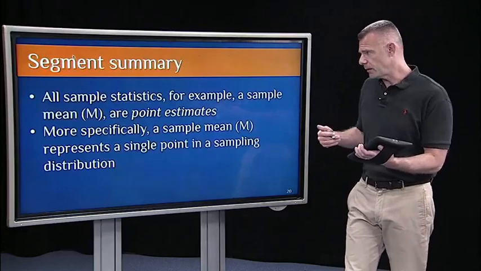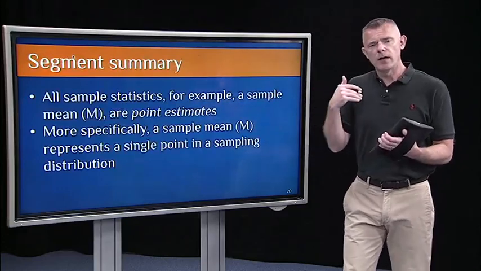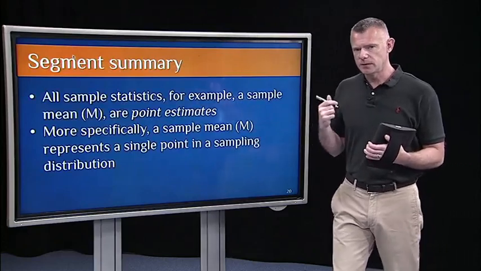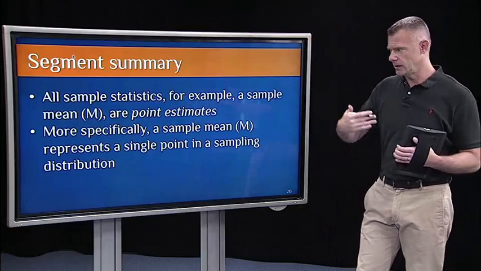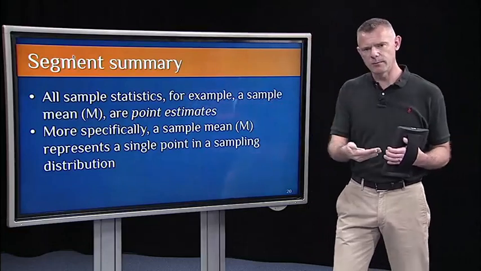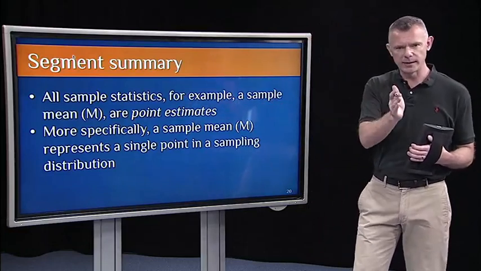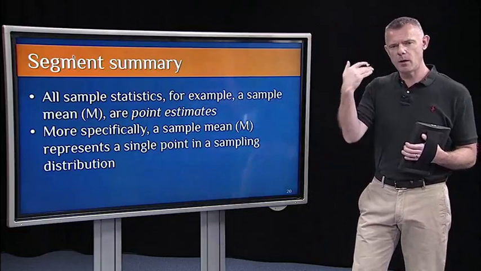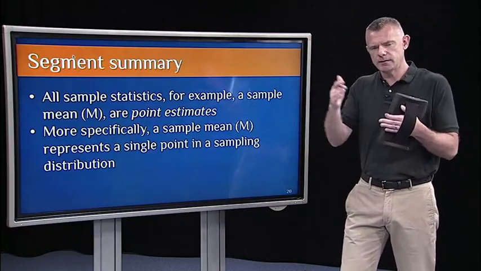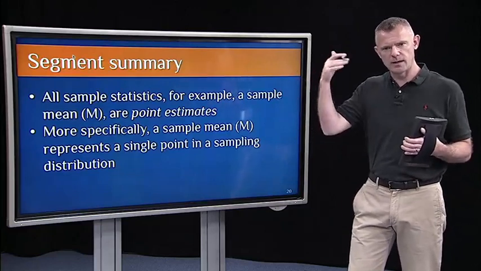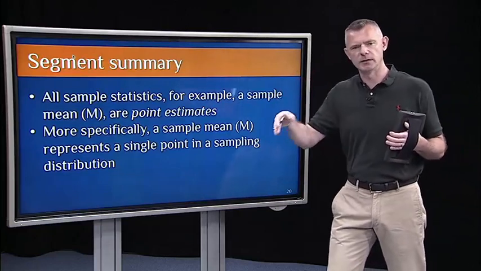So to wrap up this segment, remember that all sample statistics, and this is a critical thing to remember as a consumer of statistics, that any one sample is just a point estimate. And now that we know about this idea of sampling error, we know that there exists out there in the world this hypothetical idea of a sampling distribution.